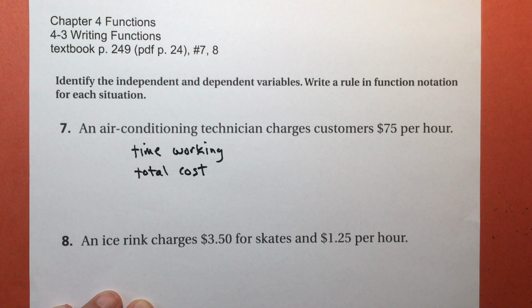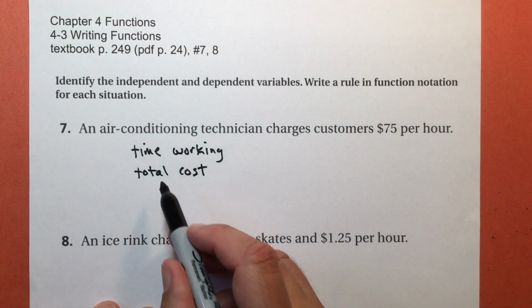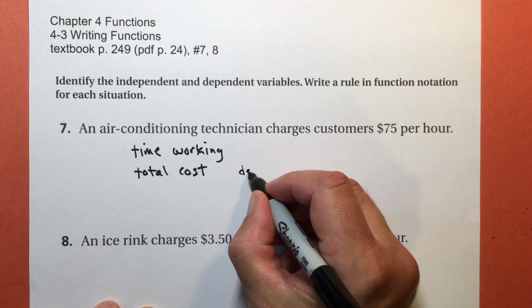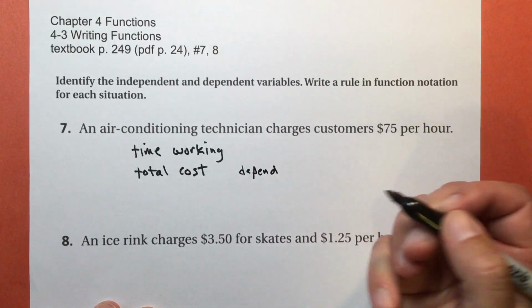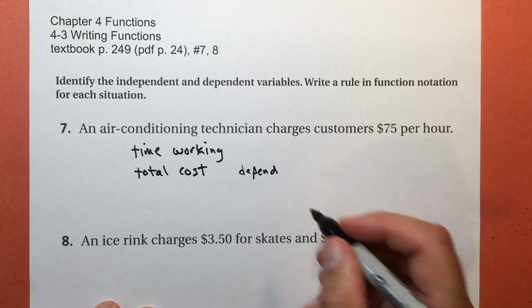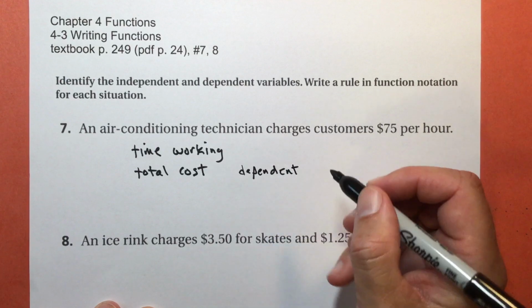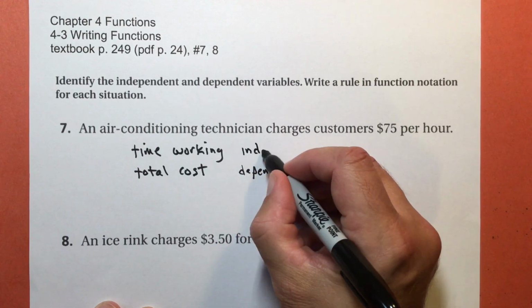Ended up paying a lot of money for something I could have fixed. However, if it's a big, complicated job, especially for like a big building that has huge air conditioners on the roof, then it's probably going to take some more time. The total cost depends on how much time the tech is going to work. So this is the dependent variable, which makes this the independent variable.